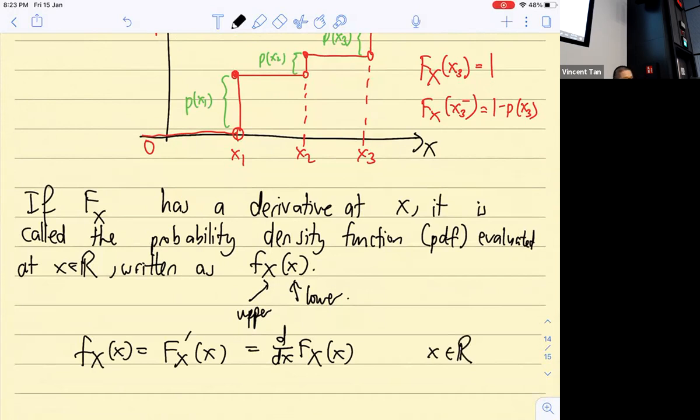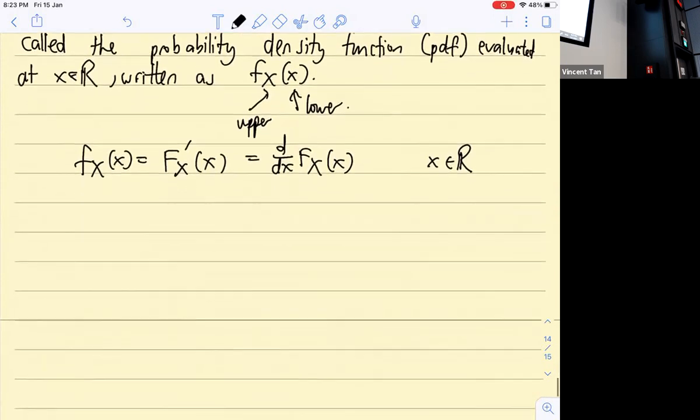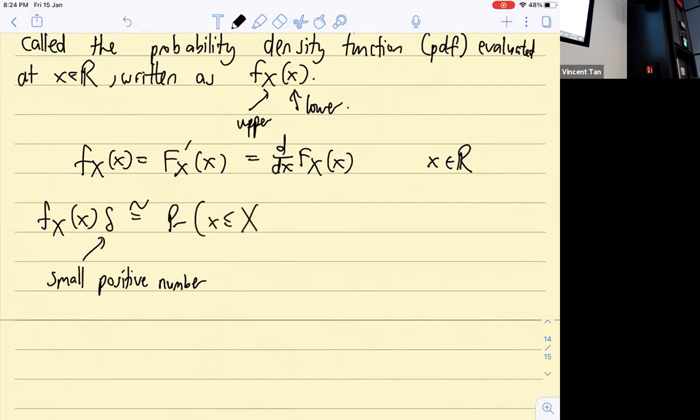All our random variables are real valued random variables. There are other things happening out there that we don't have to worry about. Okay, good. So this fx of x has a certain interpretation: fx of x multiplied by delta, a small positive number, roughly equals the probability of x less than or equal to X less than or equal to x plus delta. The meaning here is the integral from x to x plus delta of fx of x dx.